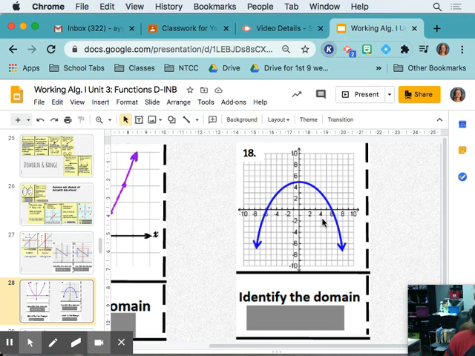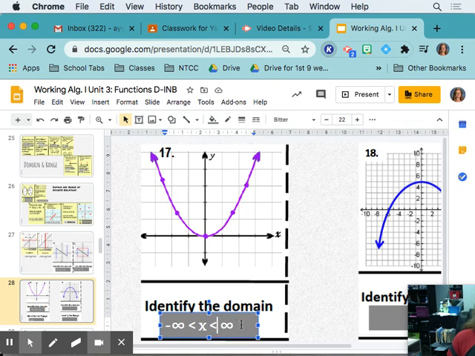So how far left does the shape of the function go? It goes to -8, but this arrow means infinity. How far right does it go? It's 8, but it continues to go to infinity. So this is going to be the same as the last one.